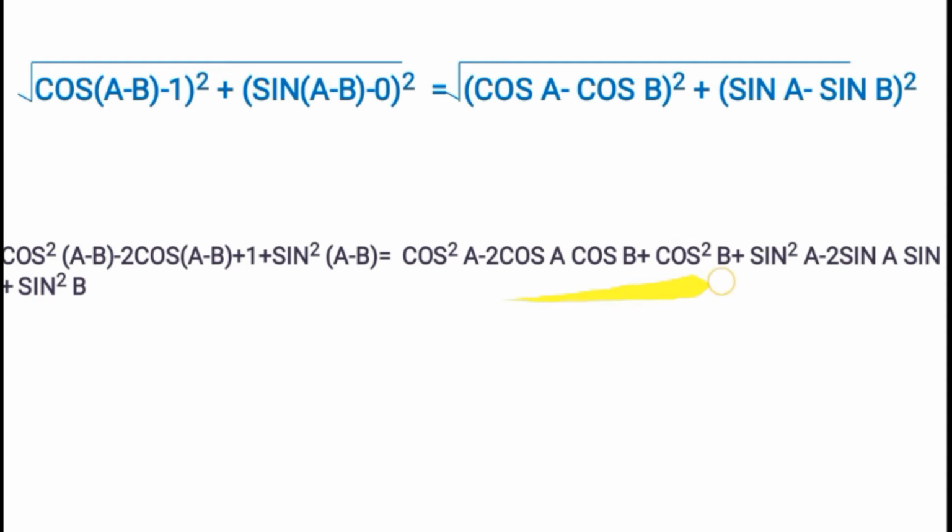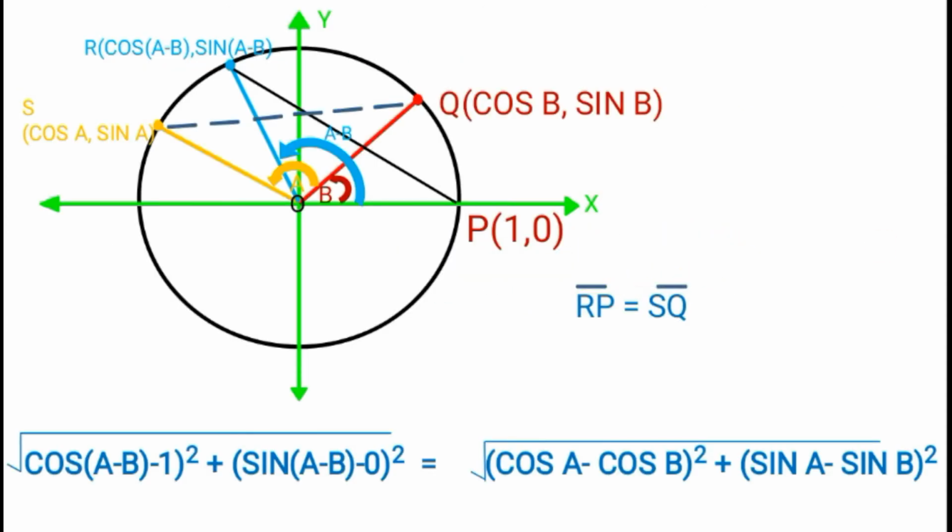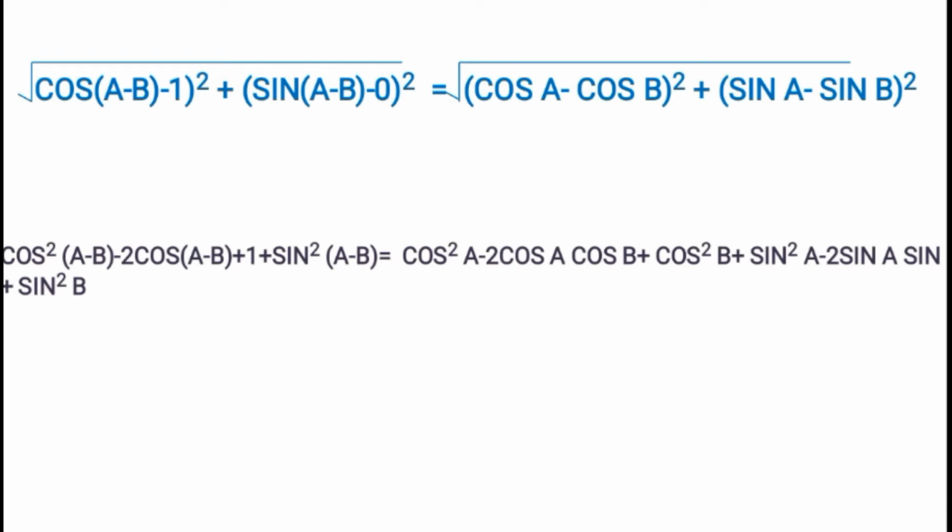When you do that, you get cosine squared A minus 2 cosine A cosine B plus cosine squared B. And do the same thing with this last binomial squared, sine A minus sine B squared. Rewrite that as sine A minus sine B times sine A minus sine B, and then multiply those two binomials together, and then you'll get your sine squared A minus 2 sine A sine B plus sine squared B.